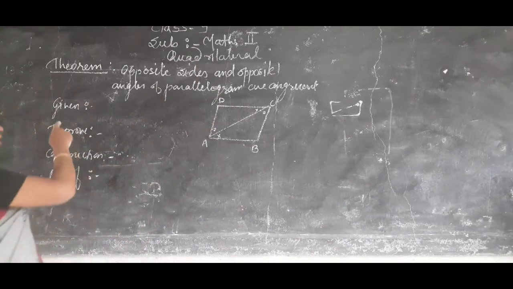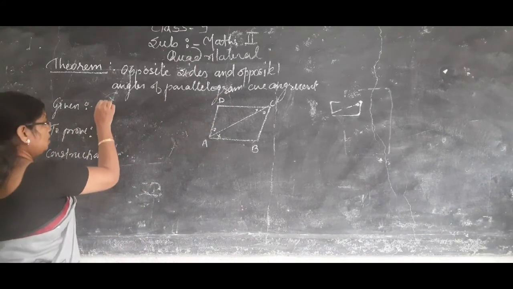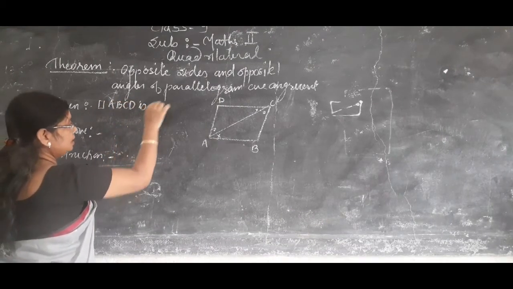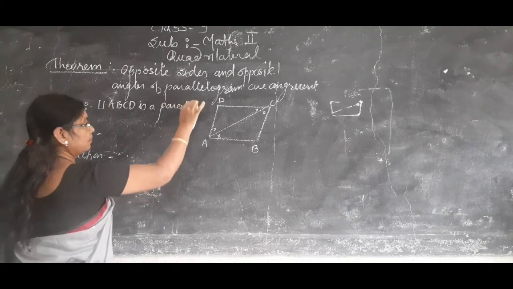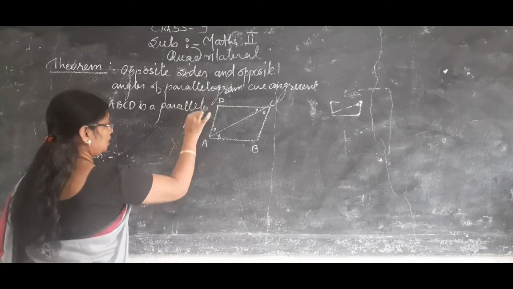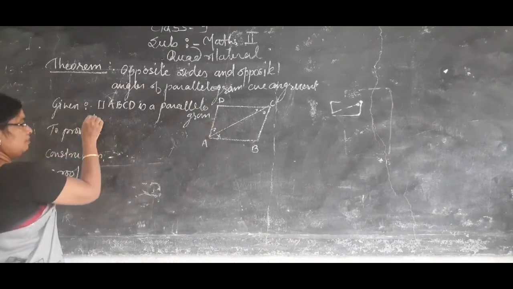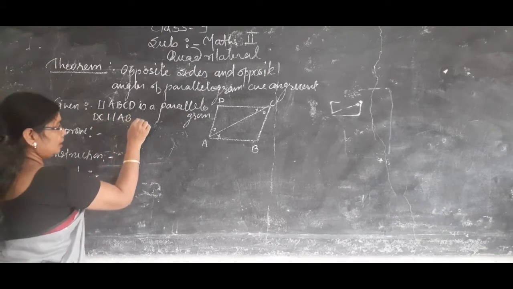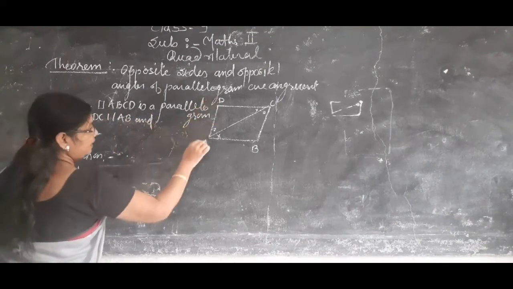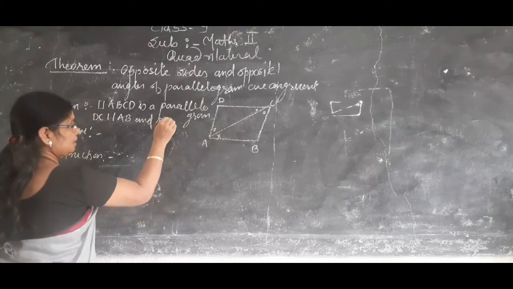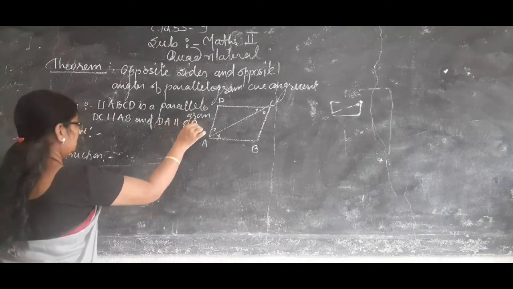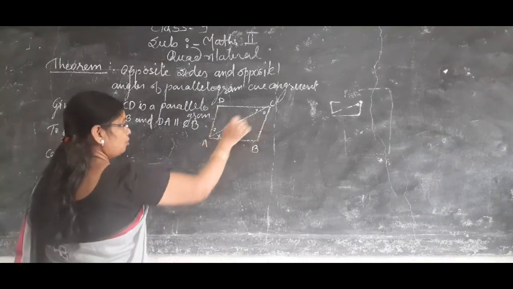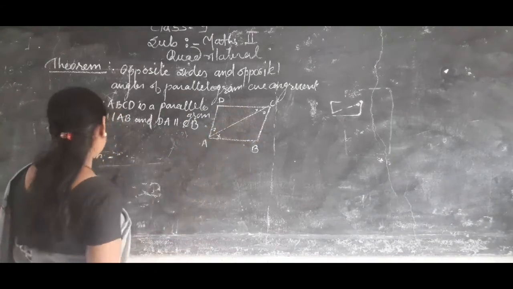Now let's see, what is given? Quadrilateral ABCD is a parallelogram, and if it is a parallelogram, DC is parallel to AB and DA is parallel to BC. That is it. Now what you have to prove? Opposite angles are congruent and opposite sides are congruent.